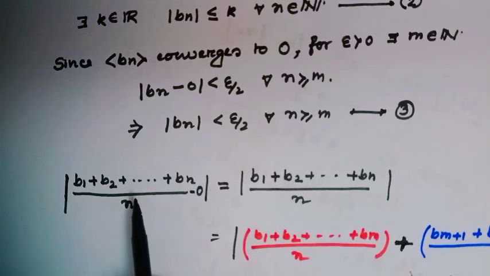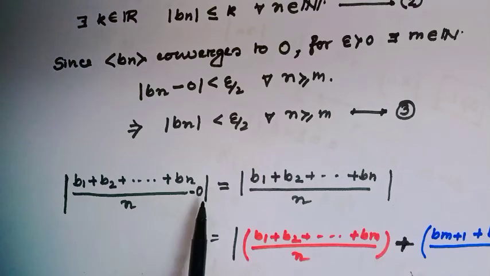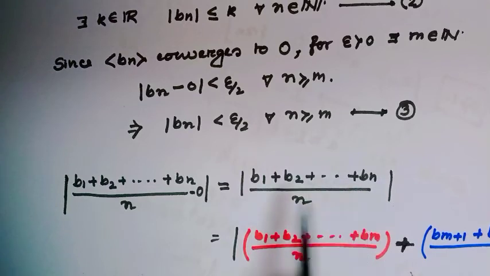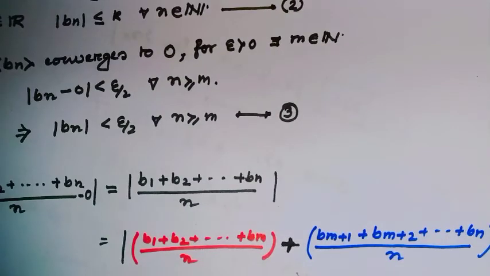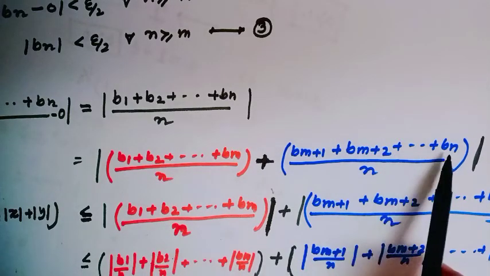That means I have to prove (b1 plus b2 plus up to bn) over n minus 0, equal to (b1 plus b2 up to bn) over n. And we can write this term as (b1 plus b2 plus up to bm) over n plus (b(m+1) plus b(m+2) up to bn) over n.